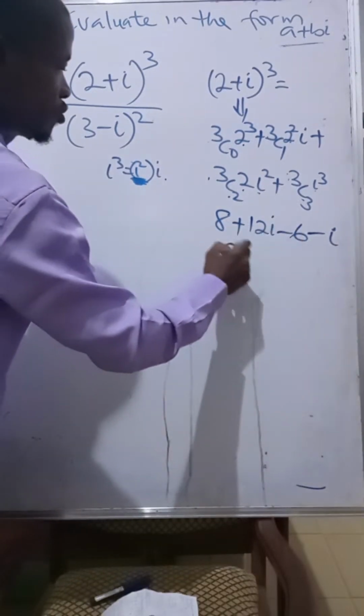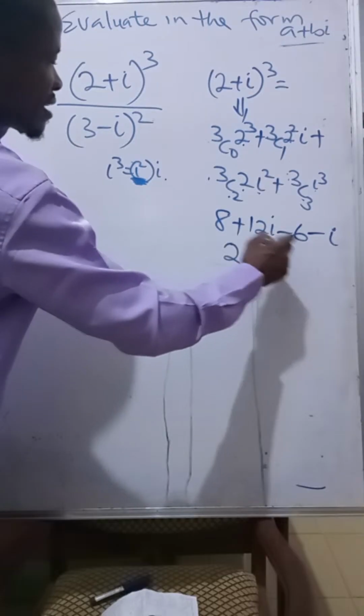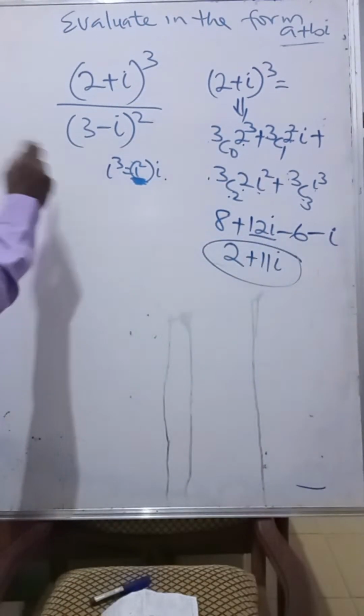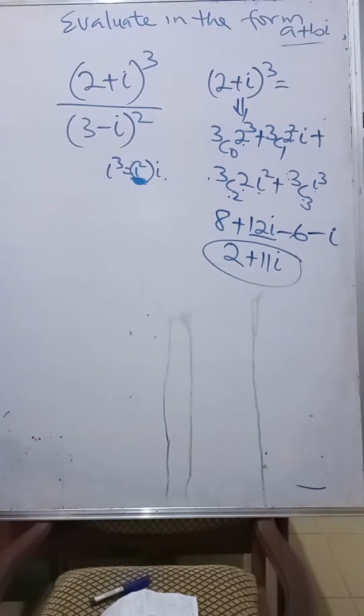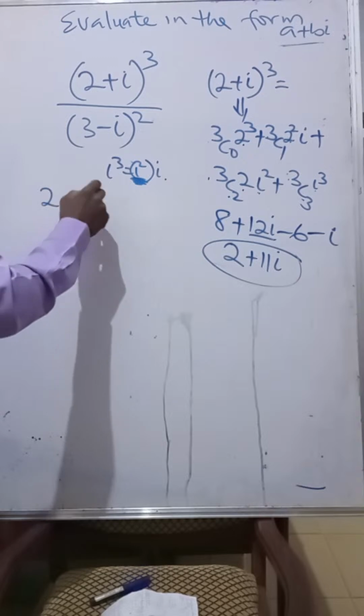So that will be 2 plus 11i, 12i minus i. That's that. So we have the numerator: 2 plus 11i.